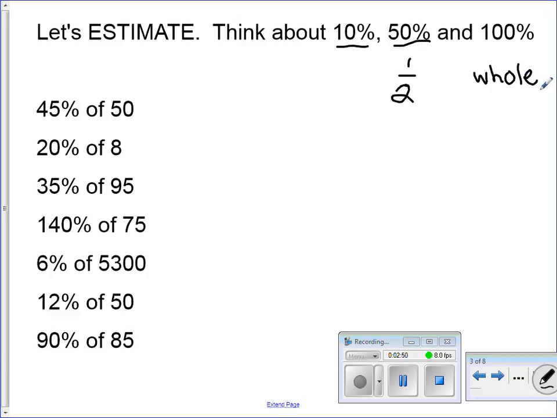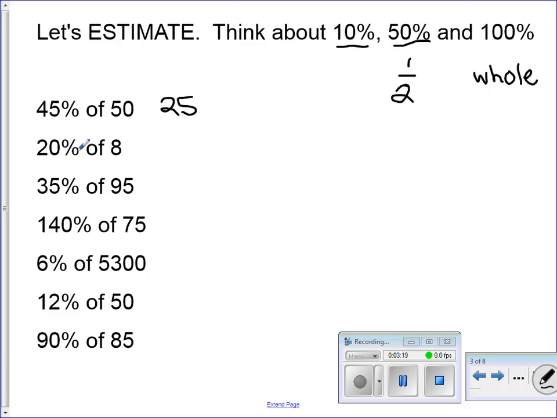Well, 100% means all of it. So all of 5 is 5 itself. So when we estimate 45% of 50, I know my answer is going to be about 25 because I know that half of 50, or 50% of 50, is 25. So my answer should be a little bit less than 25.